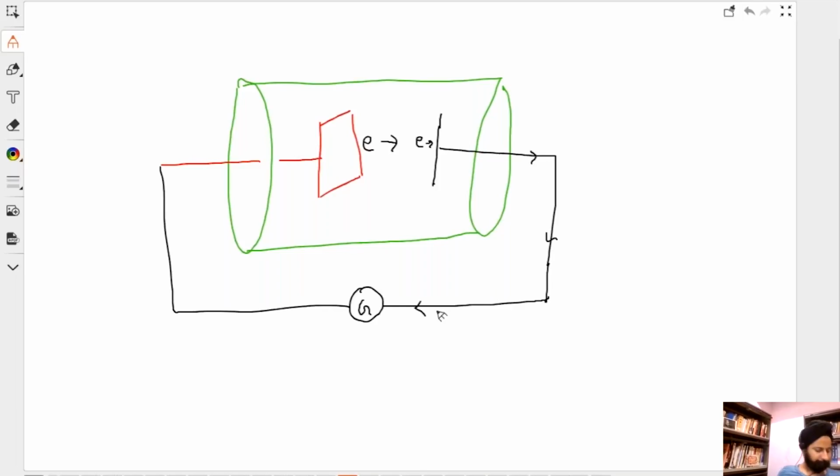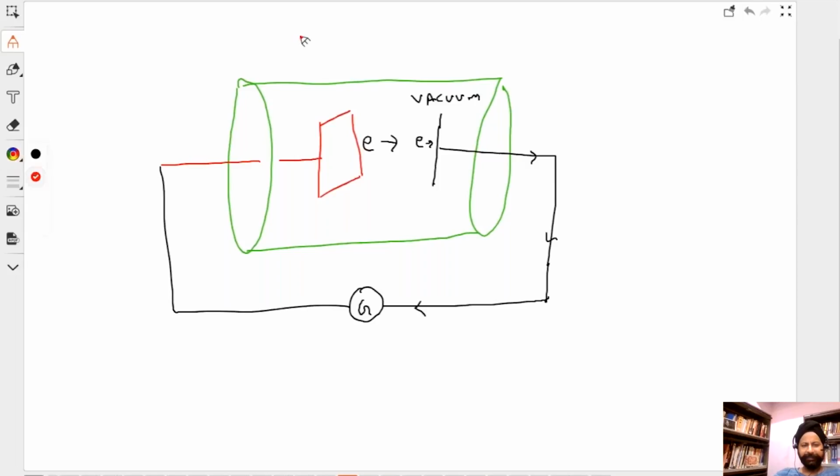Current is flowing. No battery, no power, no solar power, nothing. And this is the photoelectric effect. Now, obviously, we're assuming this is vacuum here. This is the photoelectric effect.